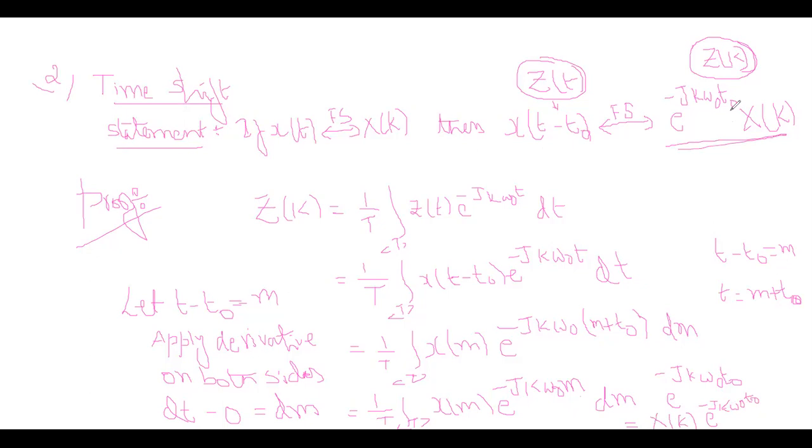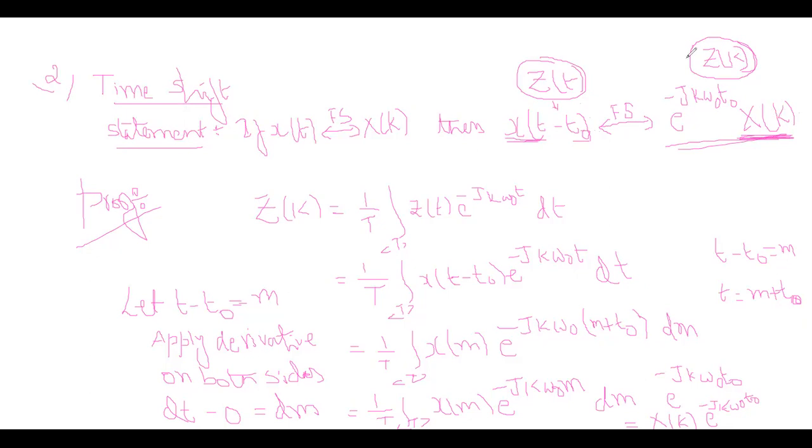It is very important. The shifting is by how many samples? t naught samples. So for the function x of t minus t naught, where x of k is the Fourier series of x of t, the time is shifted by t naught samples. Here t is time, and if it is frequency, it means k.